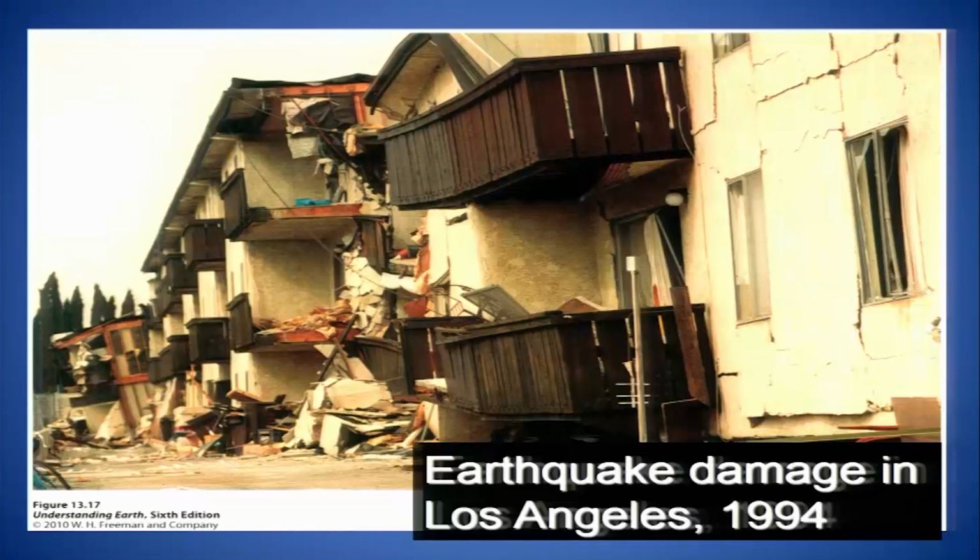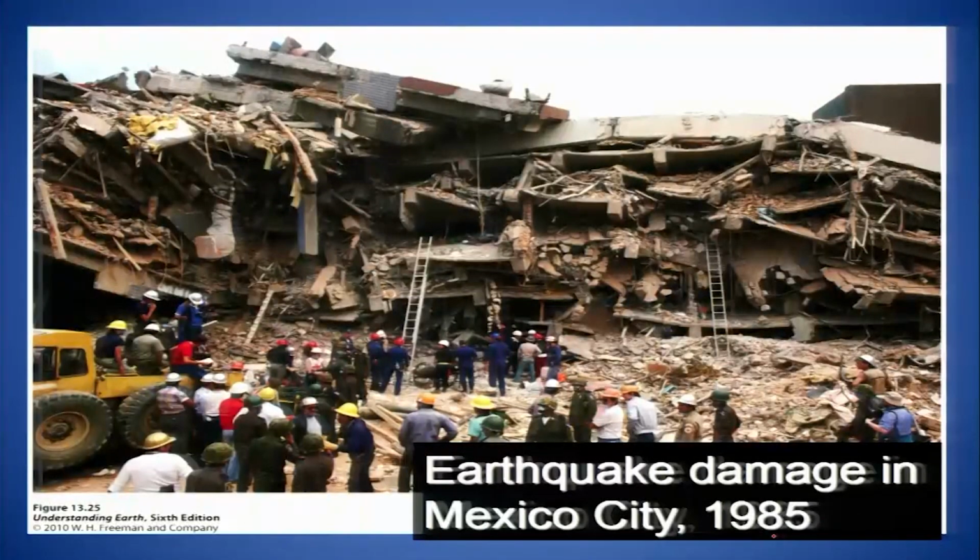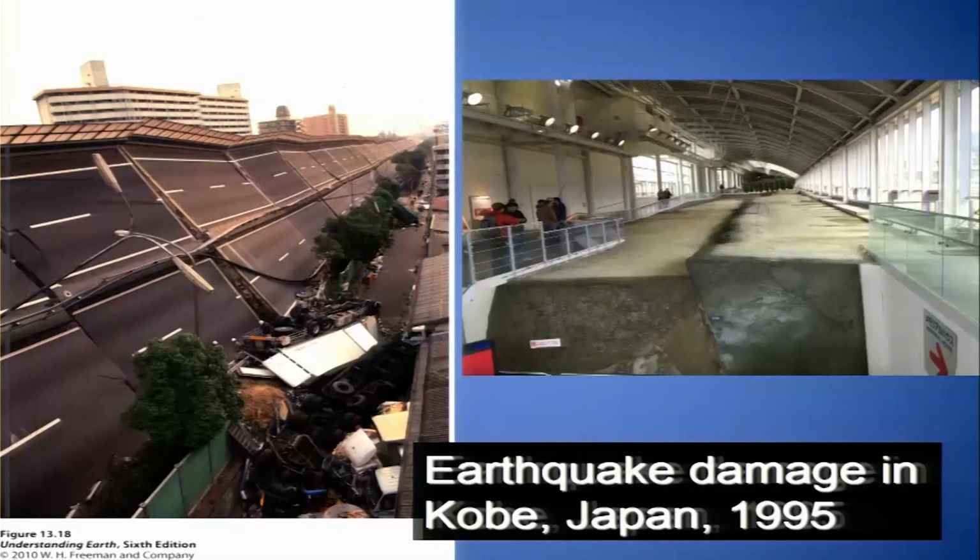These are a few examples which I will just quickly browse through, which tell you about the damage pattern in the 1994 Los Angeles earthquake. Then you have the Mexico City earthquake of 1985. Then the 1995 earthquake of Kobe in Japan.